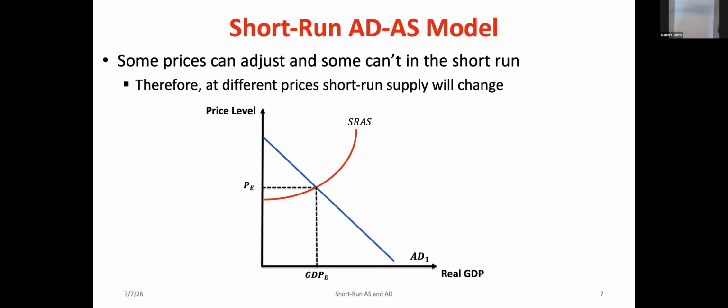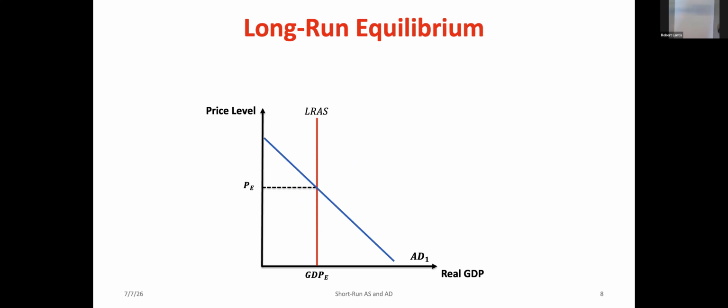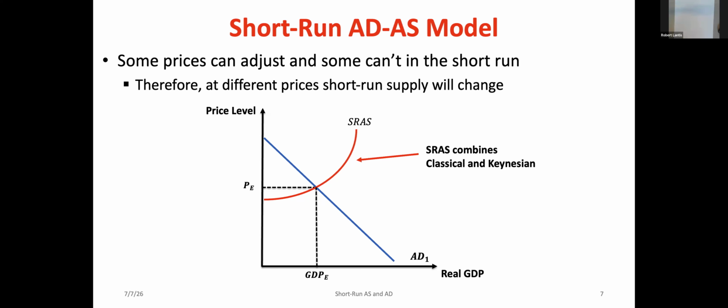Questions on this before we keep moving? So this will be our short run aggregate supply curve that we're going to be using in our combined model. Well, you can imagine the short run is very similar to the long run.